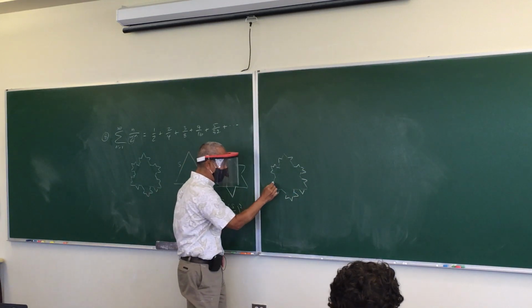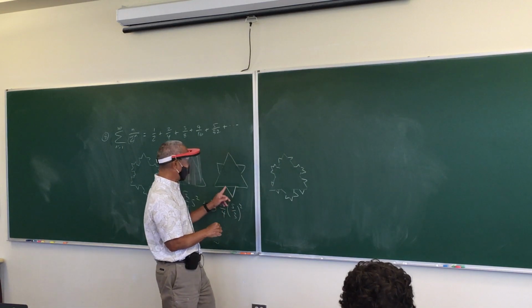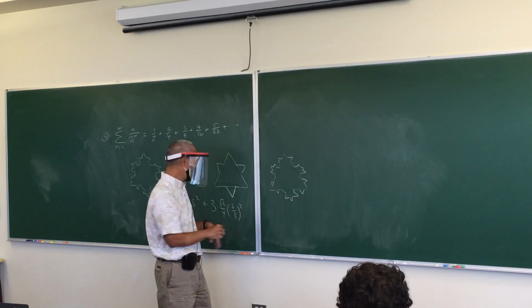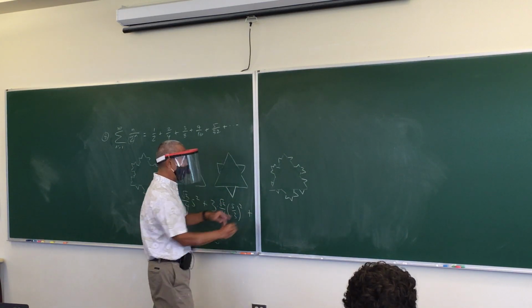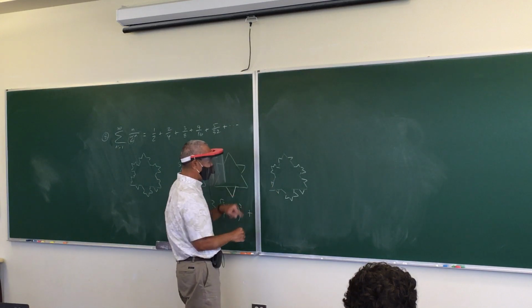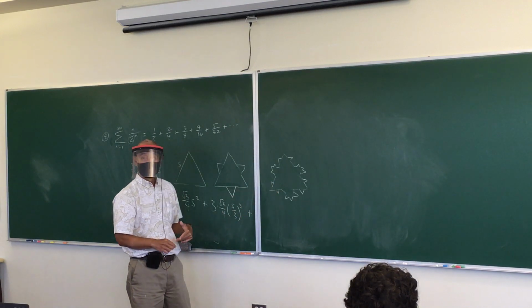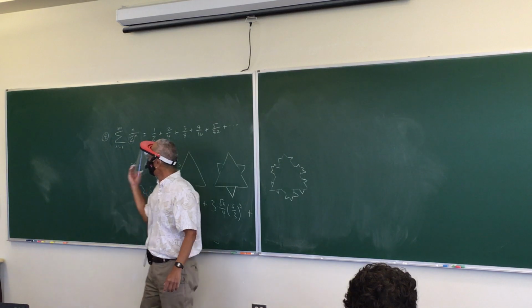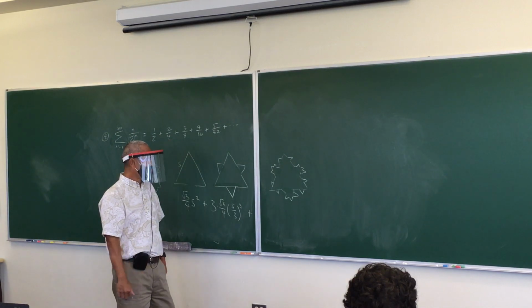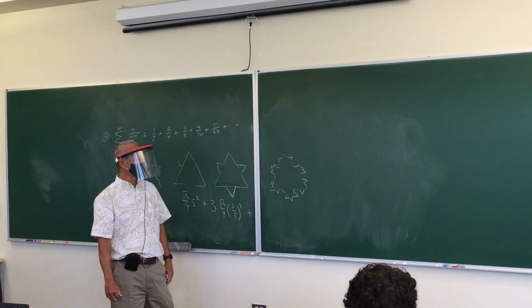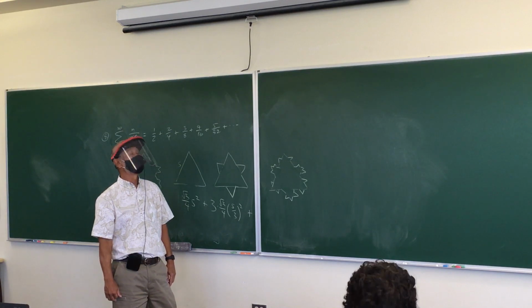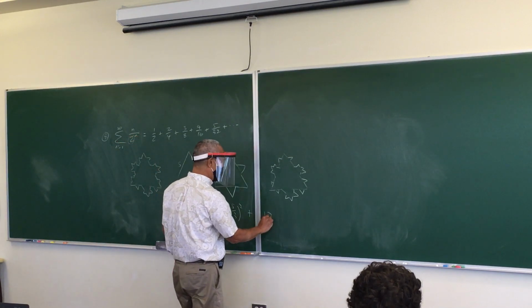Okay, now I added smaller equilateral triangles to this one. How many did I just add? You guys just told it to me back here. 12. So I'm adding 12.